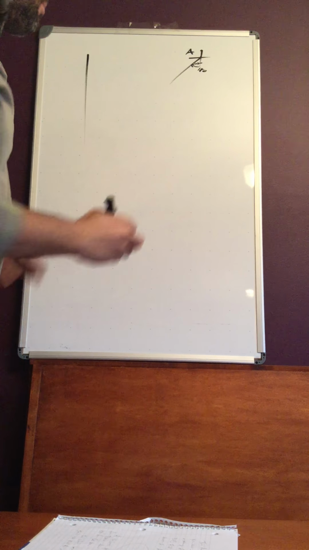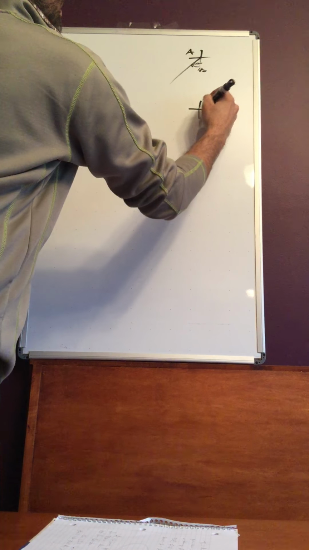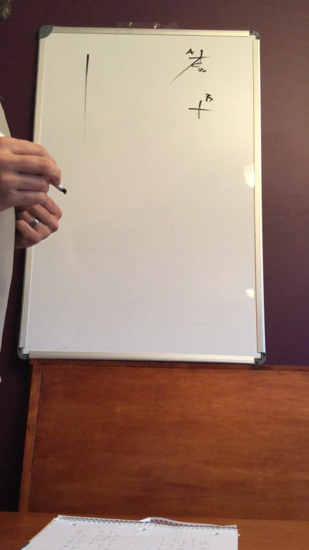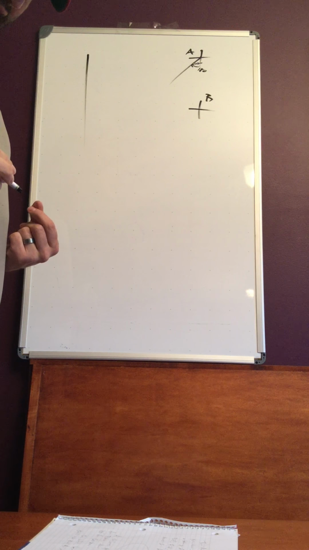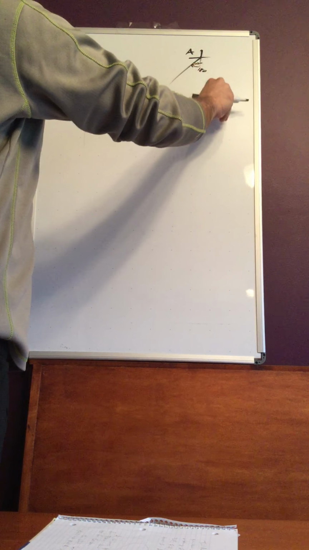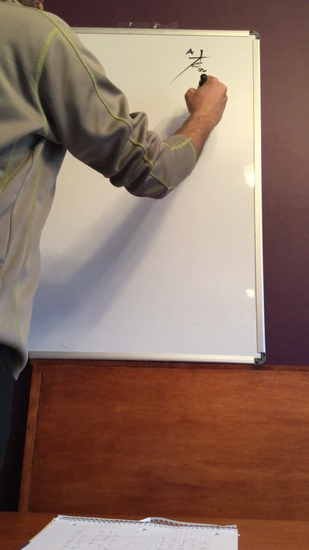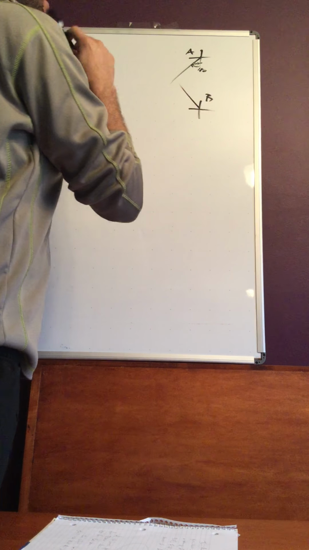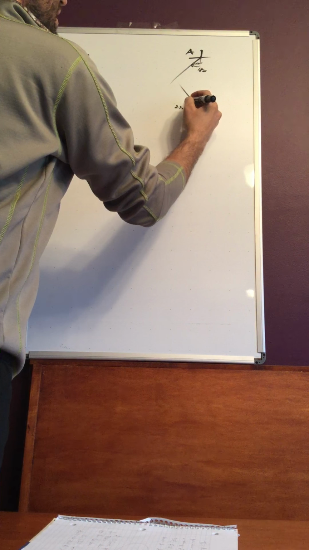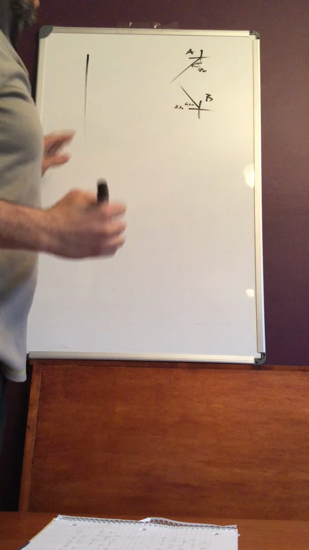And from tower B, the ship has a bearing of 327 degrees. So 0, 90, 180, 270, 327. That's going to be from 270, 327 will also be 67 degrees.